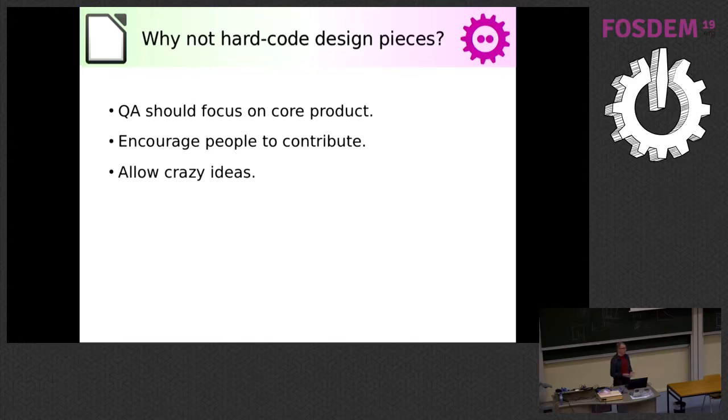We want to allow crazy ideas. If someone shows up and presents a notebook bar with just 3 buttons on it and thinks it is a good thing, I have no means to allow him to share it, or I would refuse it, of course. But why not?